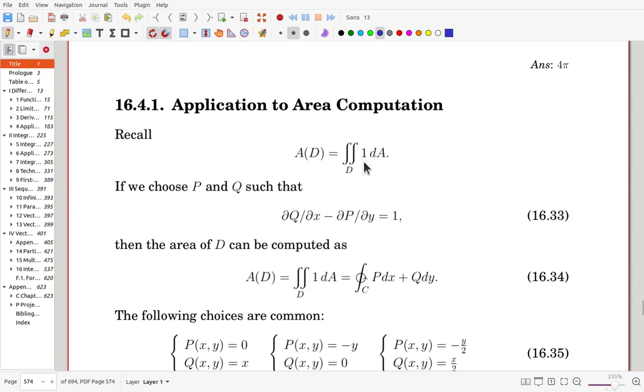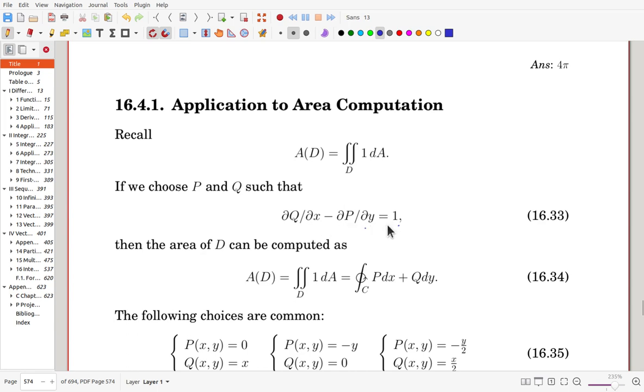Now, if we can find P and Q such that Q sub x minus P sub y is 1, then we can compute this with a line integral. So the area of D is the same as the double integral over D of 1 dA, which must be the same as the line integral when P and Q satisfy this equation.